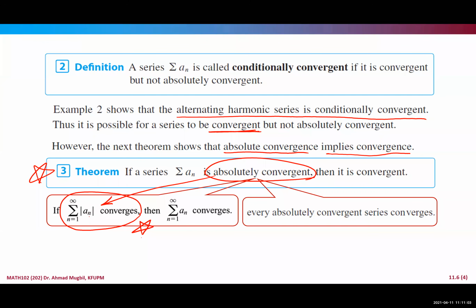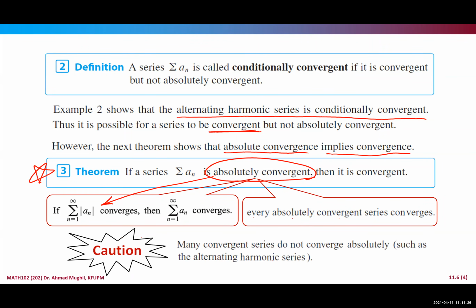If the sigma of the absolute value converges, then the sigma without absolute value converges. Or, as I'm sure you prefer: every absolutely convergent series is convergent, but not every convergent series is absolutely convergent. To remember an example of that, just remember the alternating harmonic series. It is convergent, but not absolutely convergent.